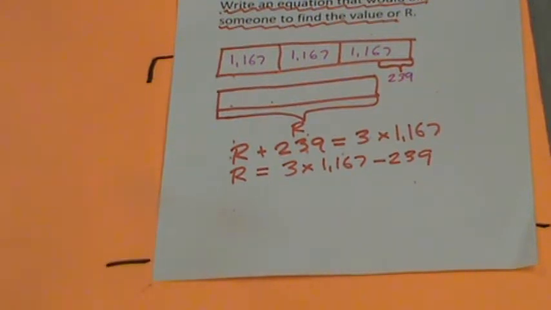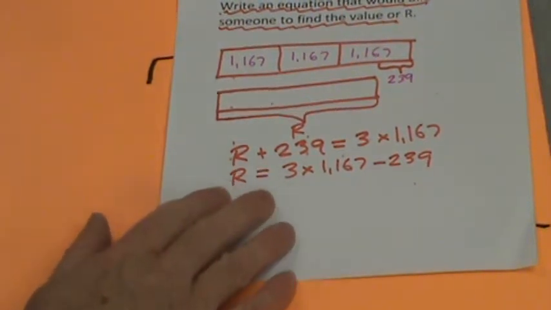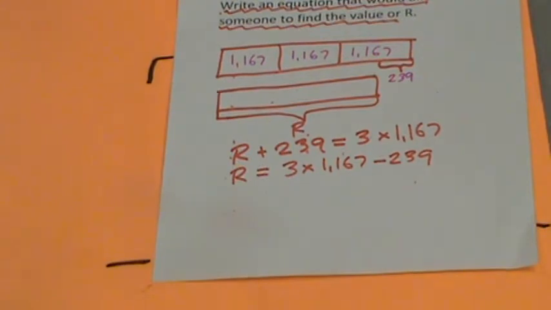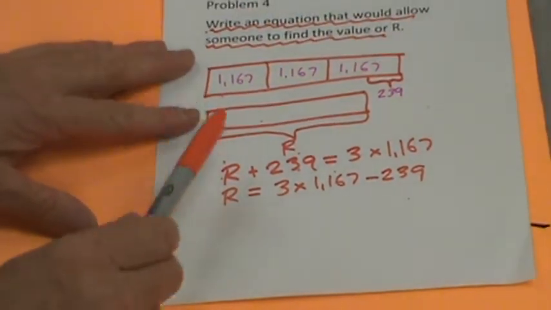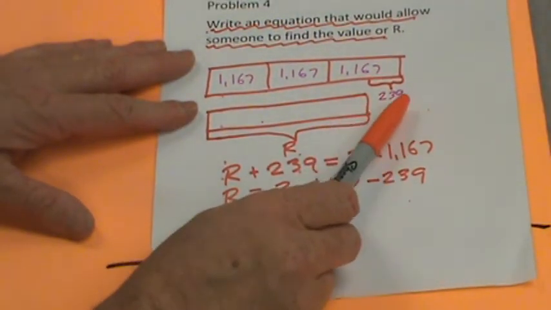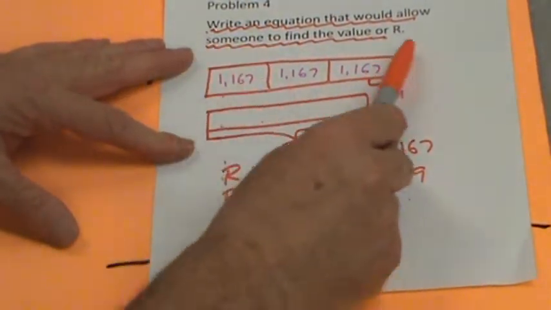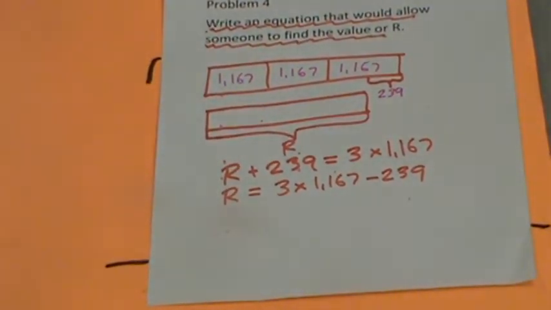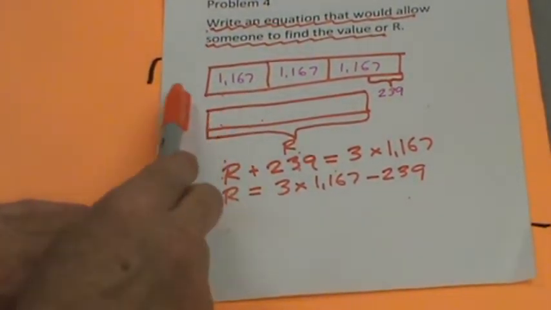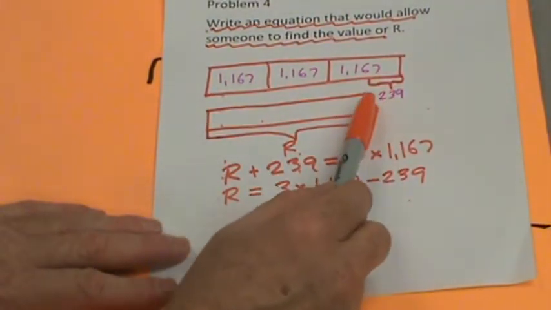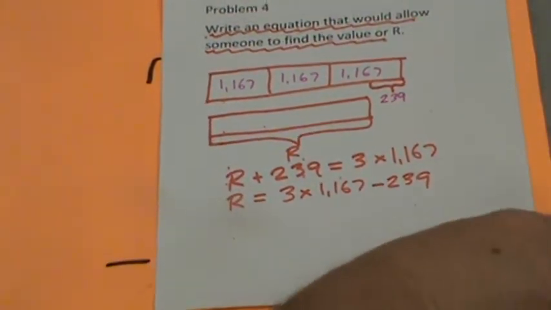No, because all we're asked to show is an equation to find the value of r. You see how this would work? R is this much plus 239 would equal 3 times 1,167. Or r would be this much minus 239. That would equal r.